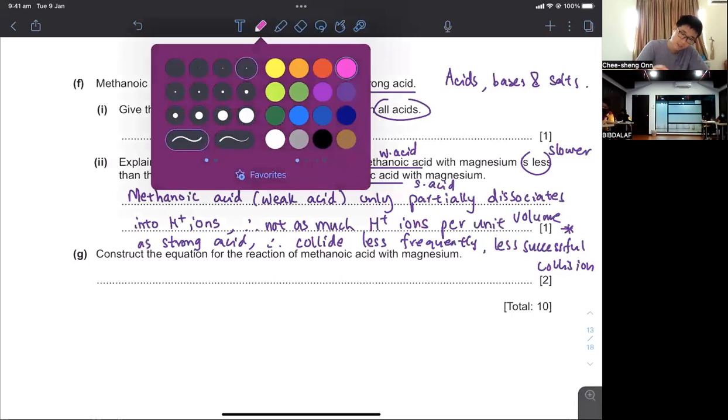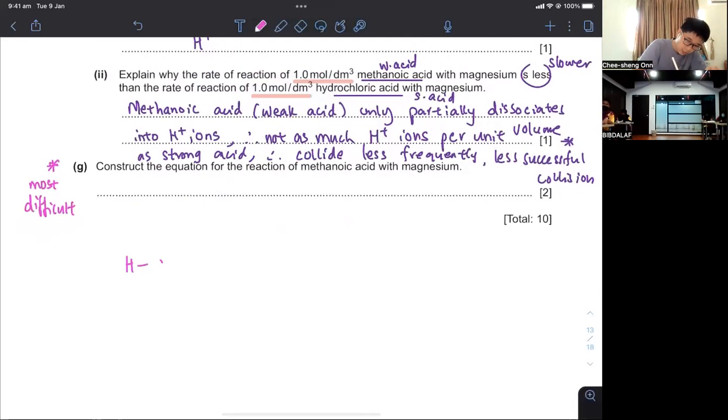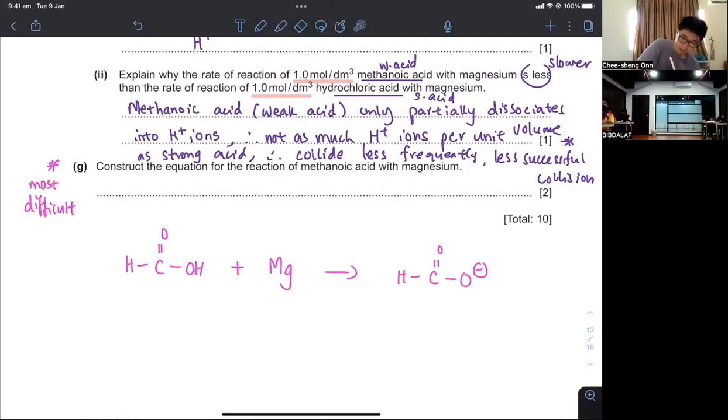As for the last question, this is the most difficult one of all, because if you don't know what you're doing, you will struggle. Okay, this is HCOOH. When I react with magnesium, what happened is I will get that as the anion because it loses H plus. When you lose H plus, you get this.